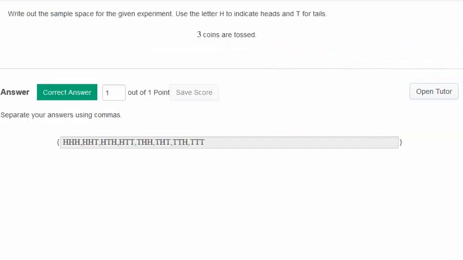Now, for our last question here, they're asking you to write out the sample space. And we have 3 coins. So we have a head and we have a tail. Now, this coin, when it's flipped, could produce another head or a tail.